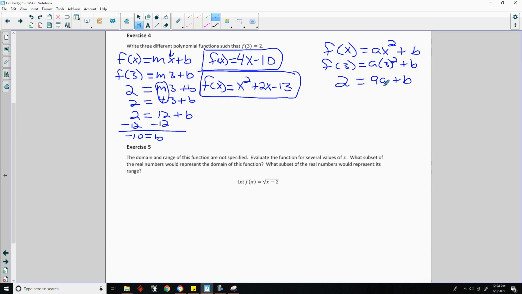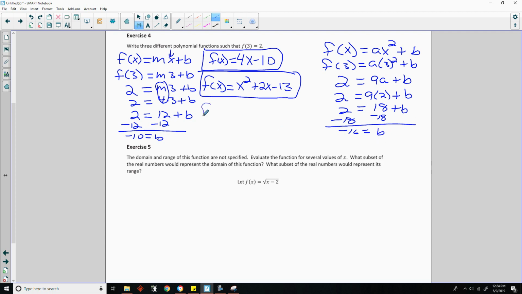Either one. Let's just use 2 for a. So 2 equals 9 times 2 plus b. Well, that would be 18 plus b equals 2. Subtract 18, and I get negative 16 equals b.